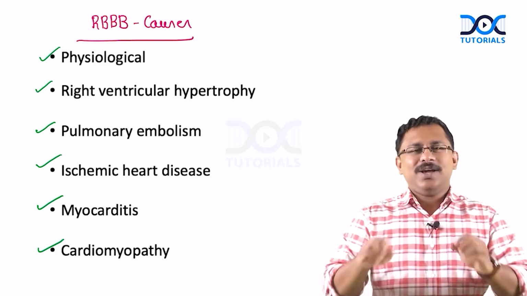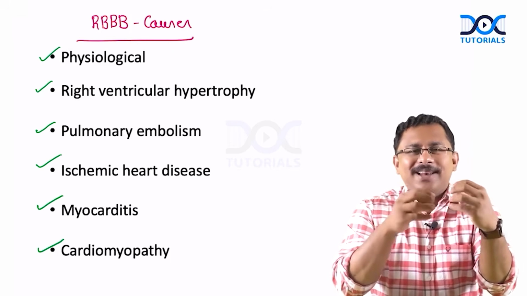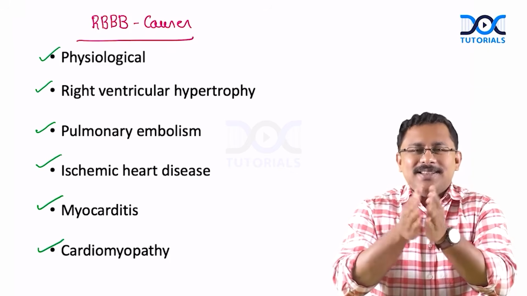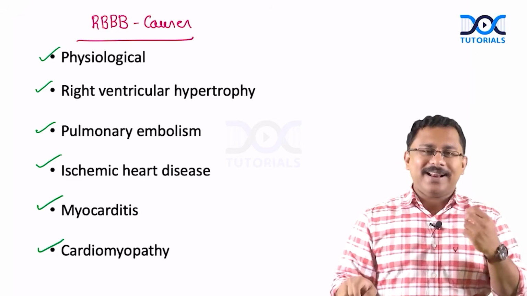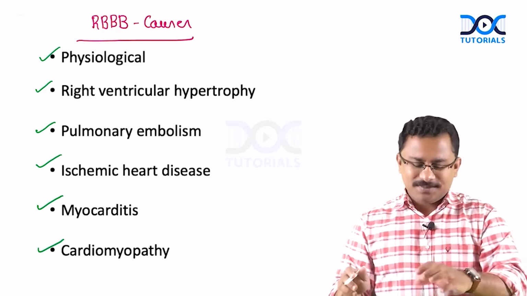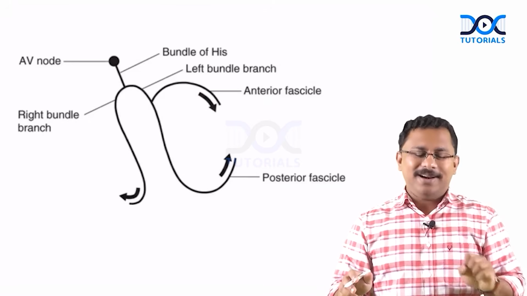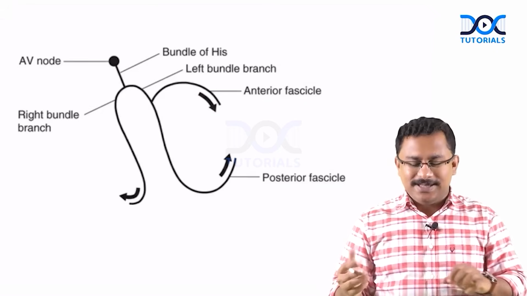So you have understood what a right bundle branch block is, what impact it has on the morphology of the QRS, and what the causes are. Next we are going to see the left bundle branch. It has an anterior as well as a posterior fascicle.